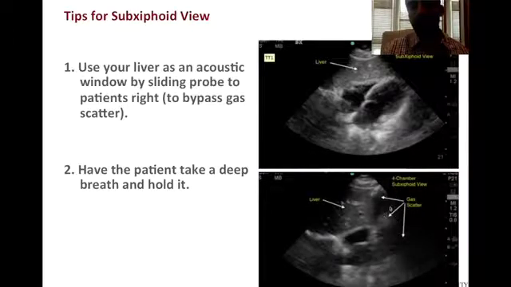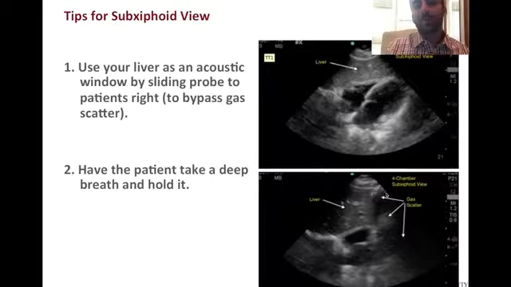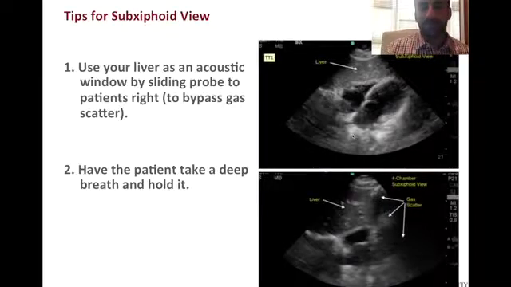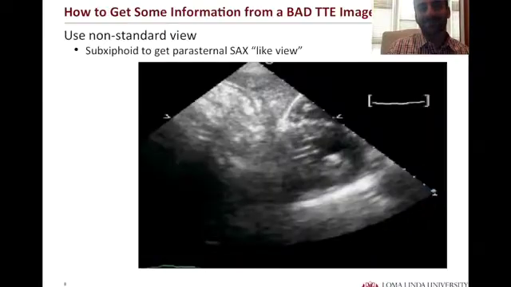You can see here we have bowel on this side of the ultrasound image, and so simply by moving the ultrasound probe to the patient's right, we'll be able to get more of the cardiac structures, because again we're using the majority of the acoustic window of the liver to insonate the heart. Having the patient also take a deep breath in flattens the diaphragm and allows all cardiac structures to get closer to the probe, and that also can improve your image quality.